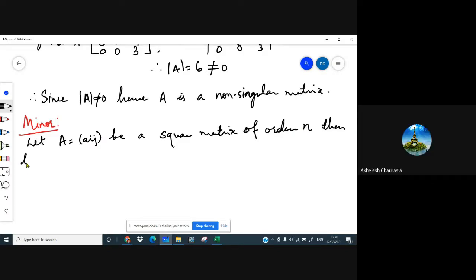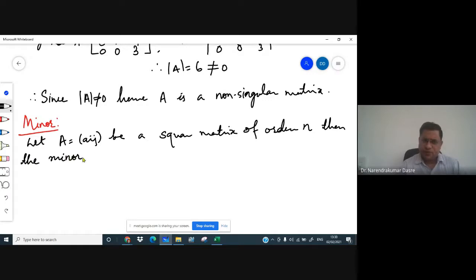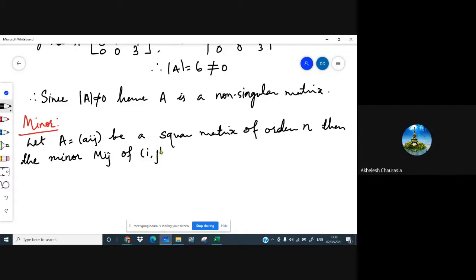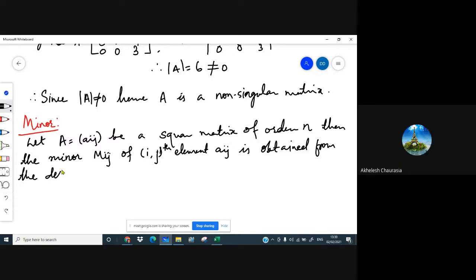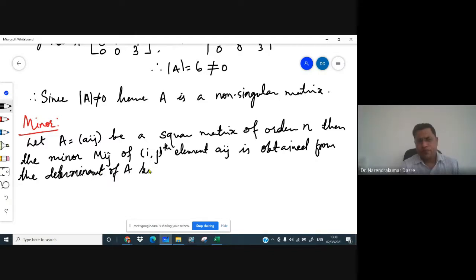Then the minor Mij of the ijth element Aij is obtained from the determinant of A by deleting the ith row and jth column.